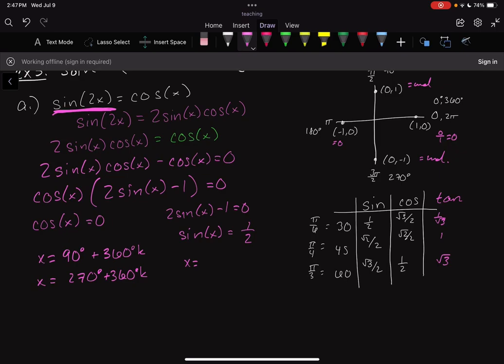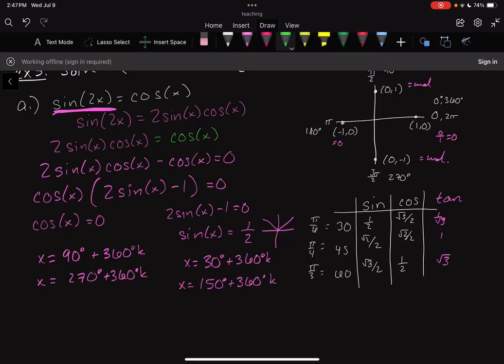For sine equaling a half, that's going to happen at a reference of 30 degrees, and sine is positive in 1 and 2. So it's going to be 30 degrees plus 360k, and the quadrant 2 would be 150 degrees plus 360k.